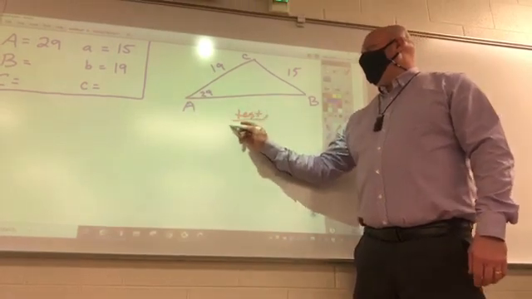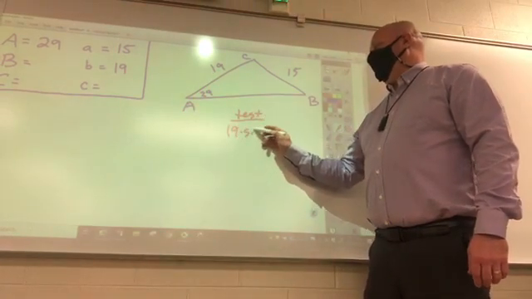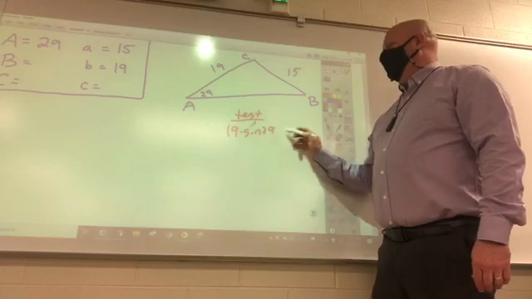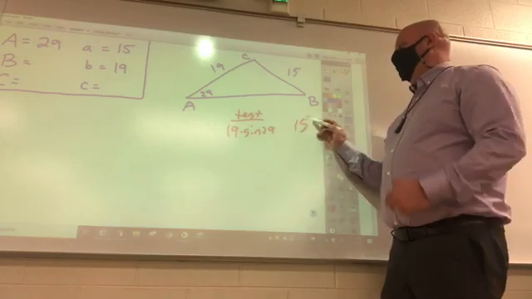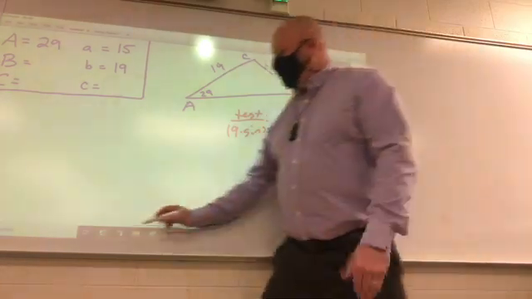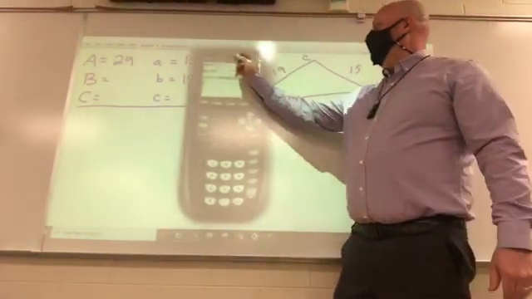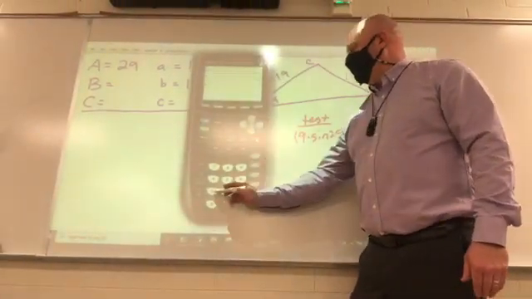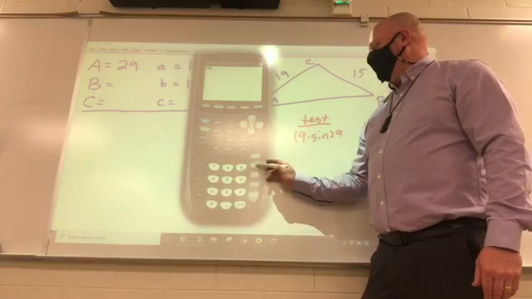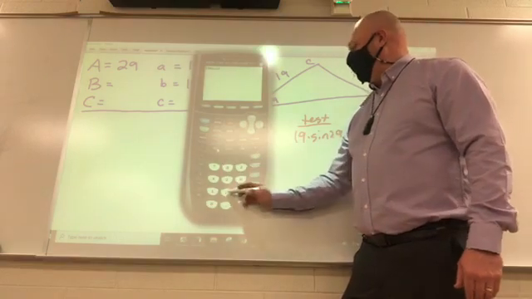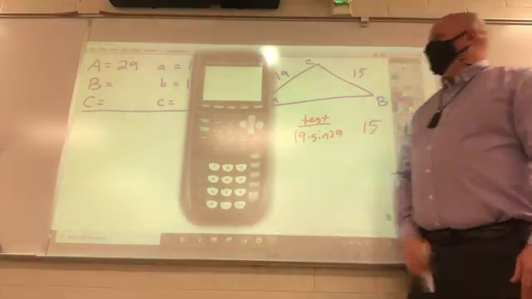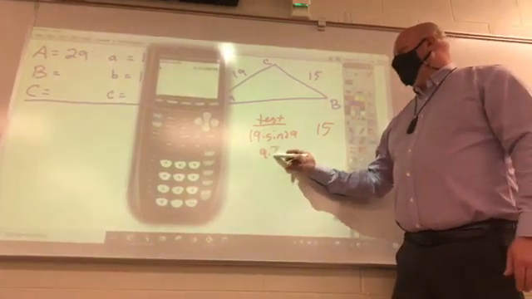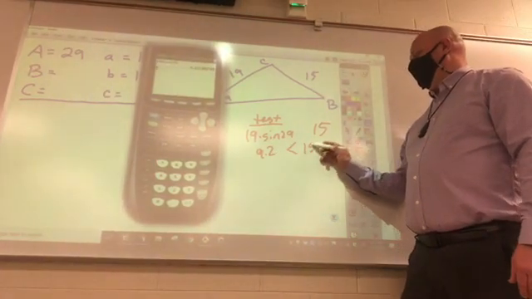And the test would be 19 times the sine of 29. We're comparing that to 15. We don't know if the 15 is too big or too small. So 19 times the sine of 29 comes out to be 9.2, which is less than 15.